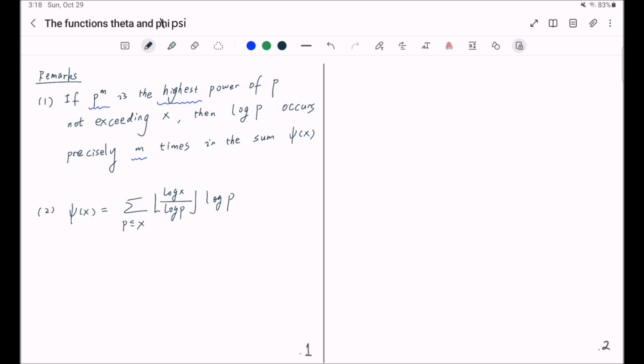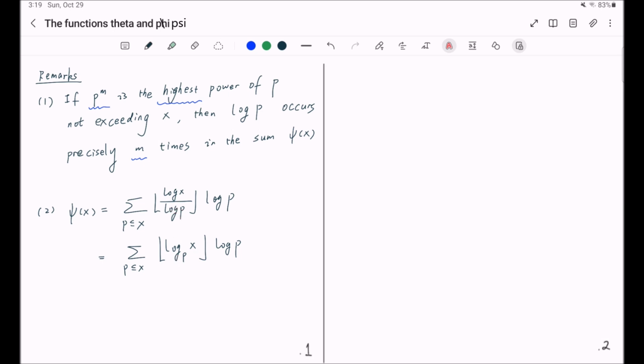And by the change of base formula for log functions, this is equal to the floor of log base p of x, times log of p.